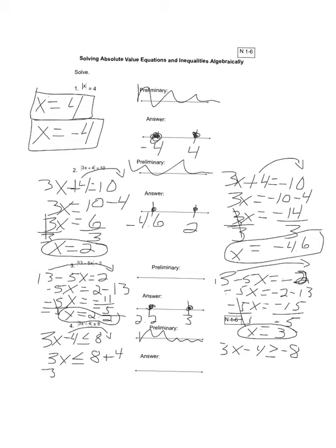So 3x is less than or equal to 8 plus 4, which is 12. Now what? Divide by 3. x is less than or equal to 4. Box it, circle it, square it, rectangle it, whatever it.